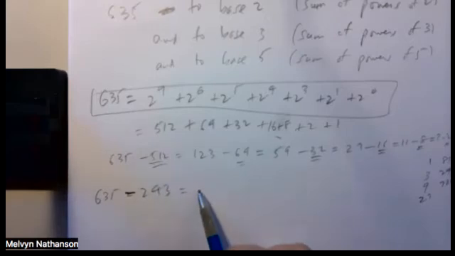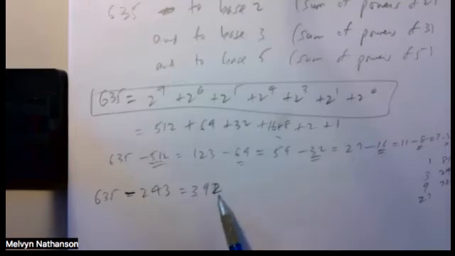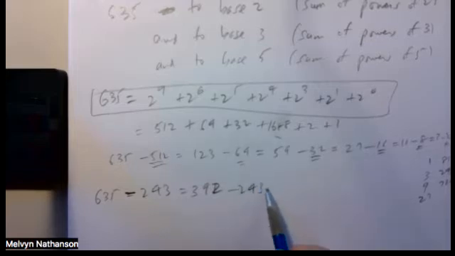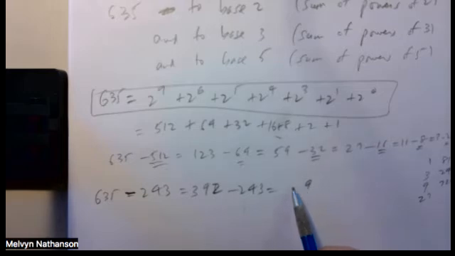I could certainly subtract 243. That gives me 392, I think. Is that right? I can subtract 243 again. That's 149, perhaps.